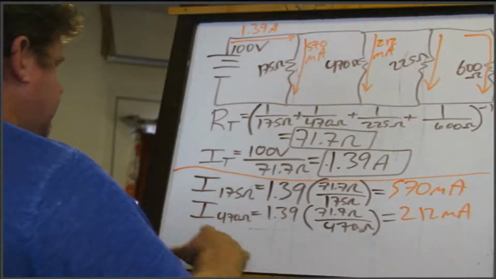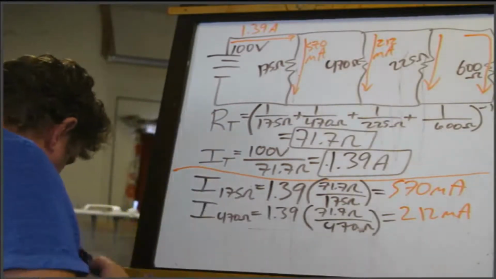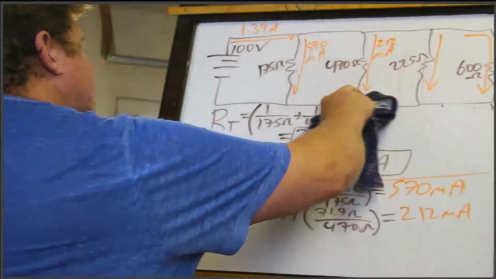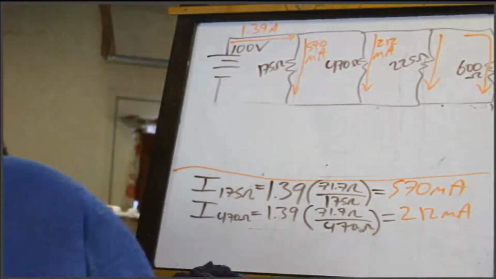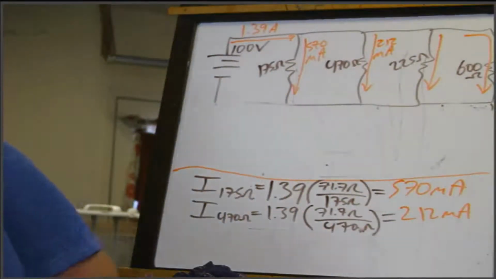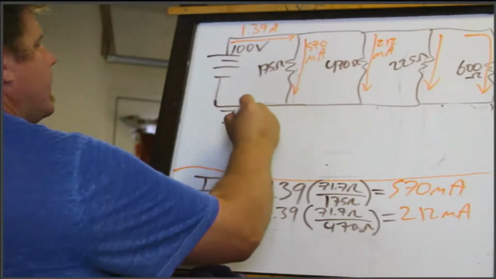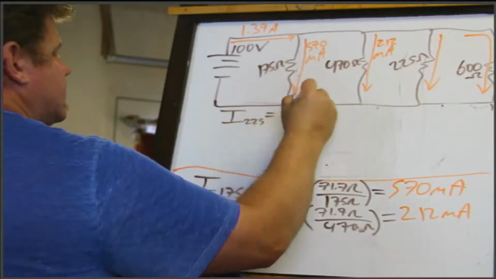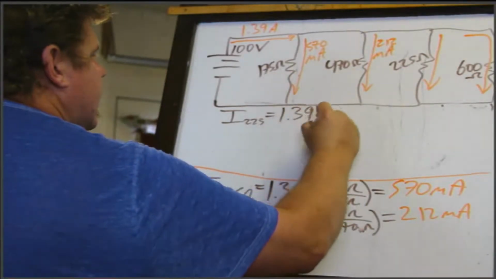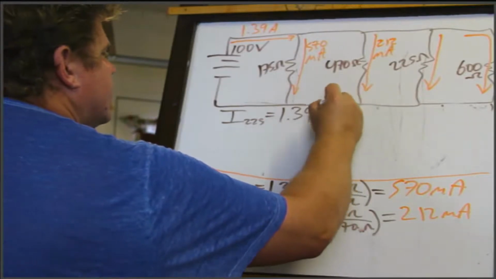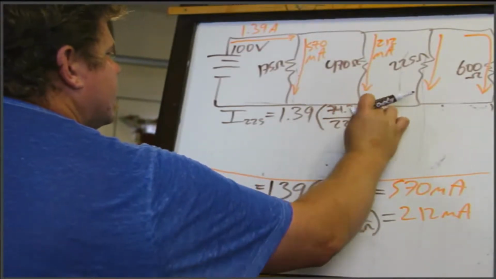Now we're going to go to the next one. I'm going to erase this part. And now the current through the 225 equals 1.39 times 71.7 over 225.